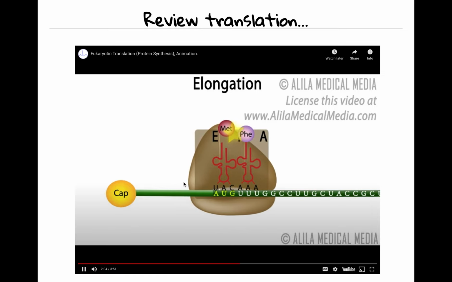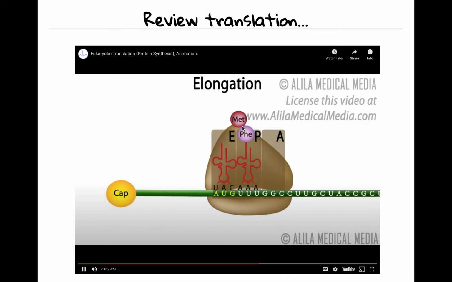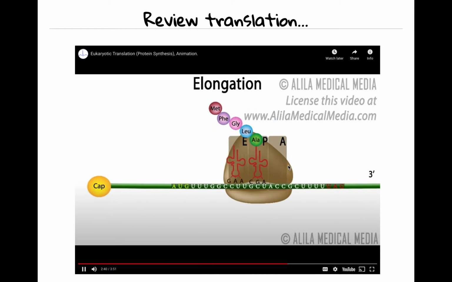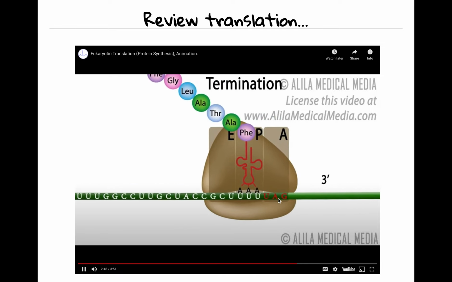The whole ribosome is then going to shift down the mRNA, and the incoming tRNA is now moved to the P site, and it has the growing amino acid chain. The empty tRNA at the E site is then let go, and this tRNA can be recycled and used to add new amino acids. New amino acids are added at each new codon until the stop codon is reached.